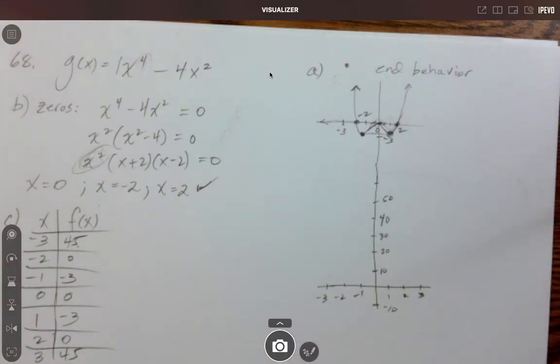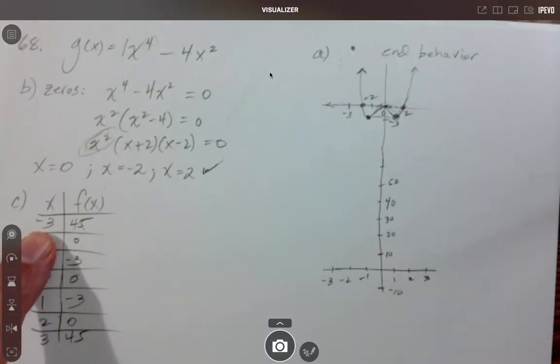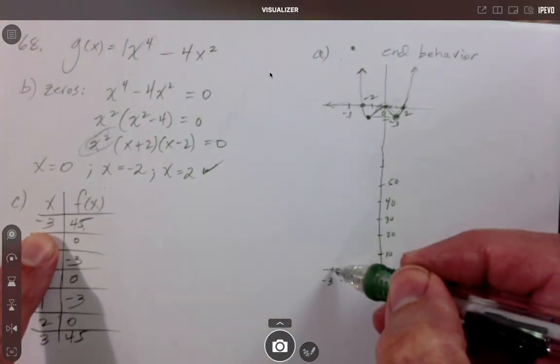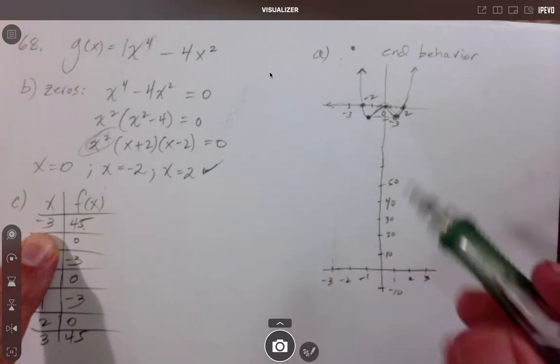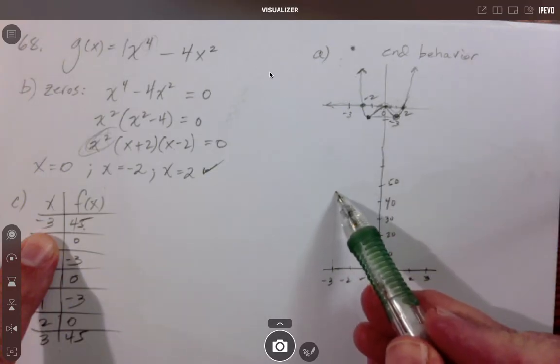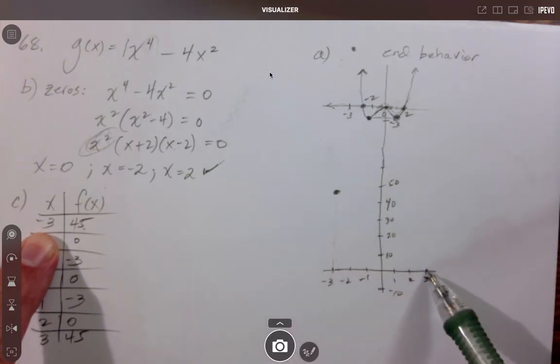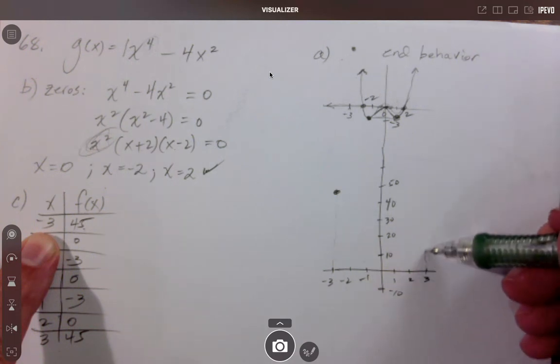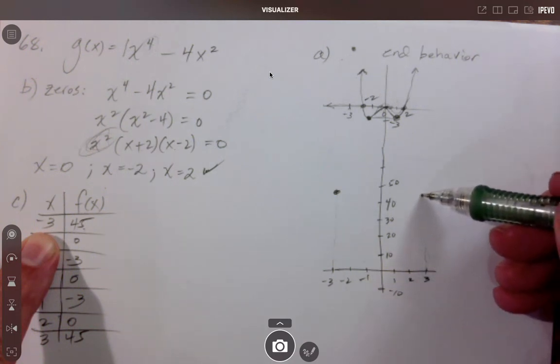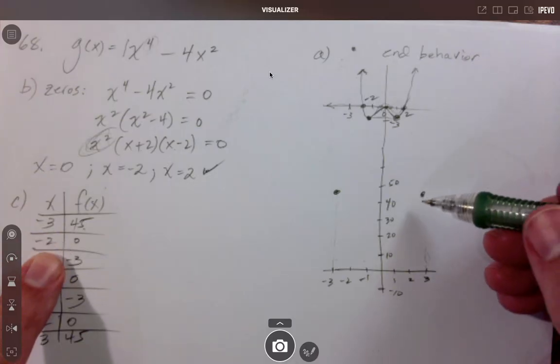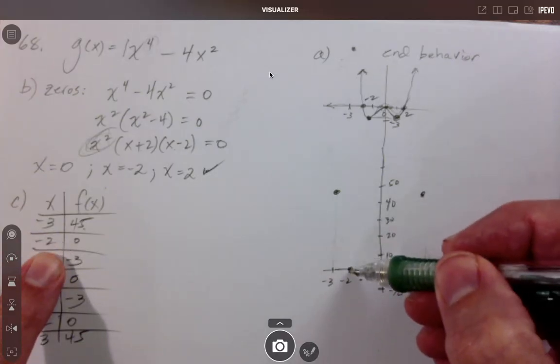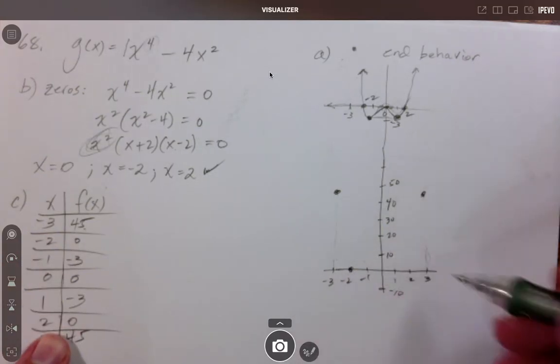Okay. So now using my graph here, I know at -3 it goes all the way up to like 45, which is right about there. And at +3, it also goes up to 45. It's very symmetric. At -2, it's 0. And at +2, it's 0.